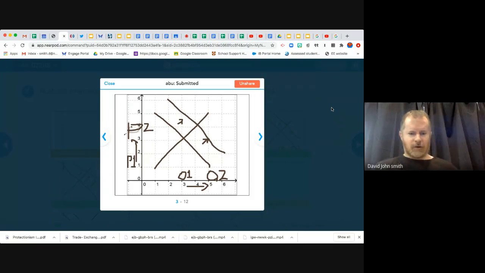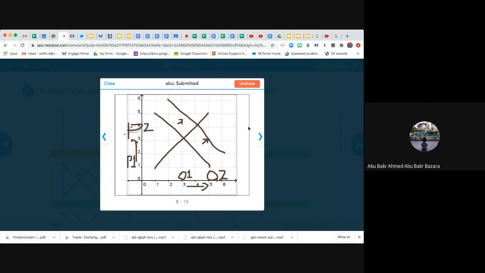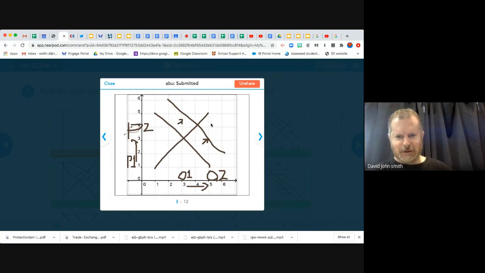So if we have a look at what you've done there, Abu, excellent work. If you were doing this on pen and paper, it might be a little bit more accurate, but obviously doing it on the computer is not quite as easy. There's your original equilibrium. So the original price is here. The equilibrium price is P3. Well, it's $3 perhaps.